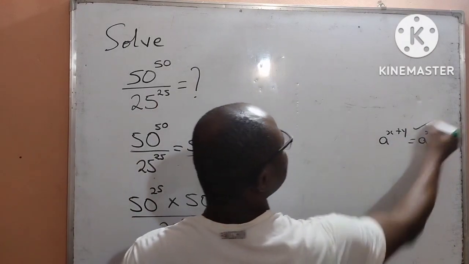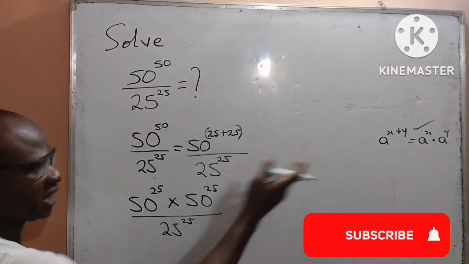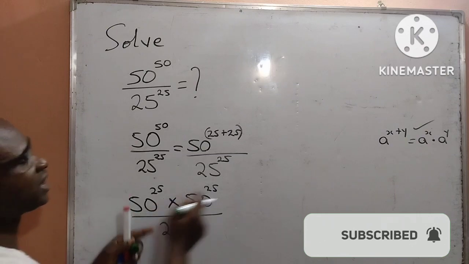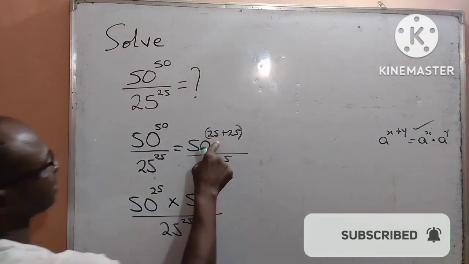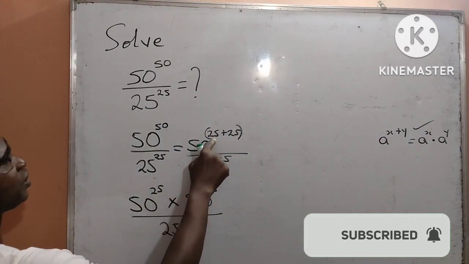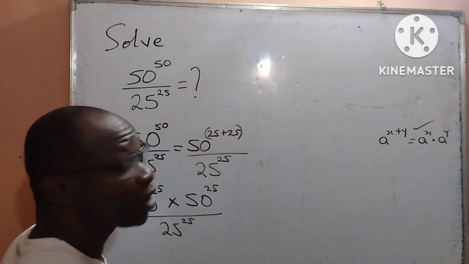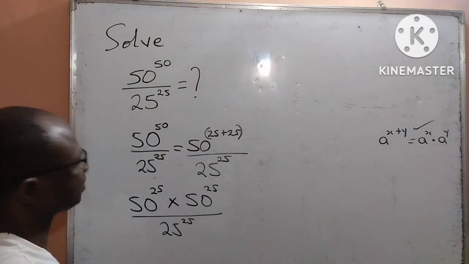So I've applied very well that law of indices, which if I want to join them together, it still comes back to 50 to the power of 25 plus 25. We call that the multiplication law of indices.